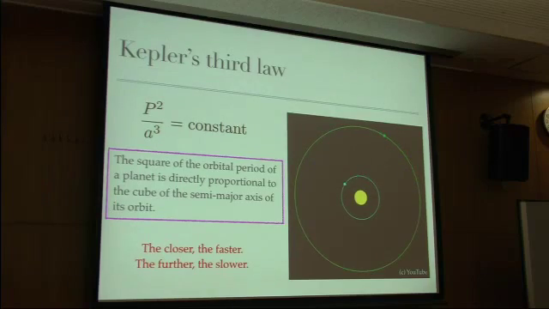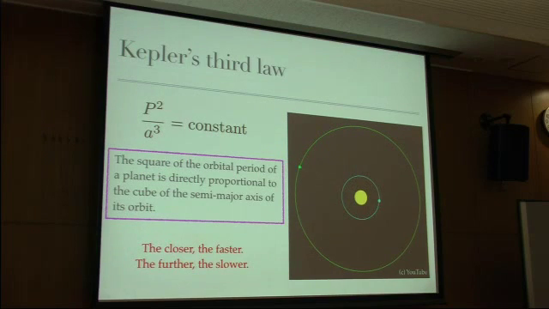I have the next question. When the orbital distance of the Moon changes, what happens? Do you remember Kepler's third law? I think you studied it when you were high school students, maybe. Kepler's third law says the square of the orbital period of a planet is directly proportional to the cube of the semi-major axis of its orbit.